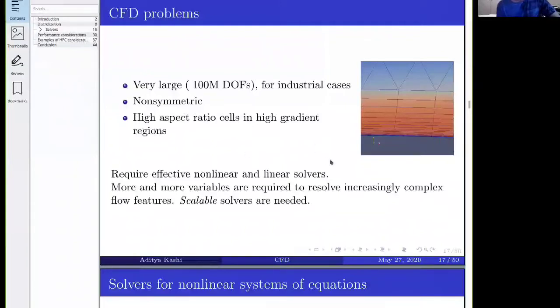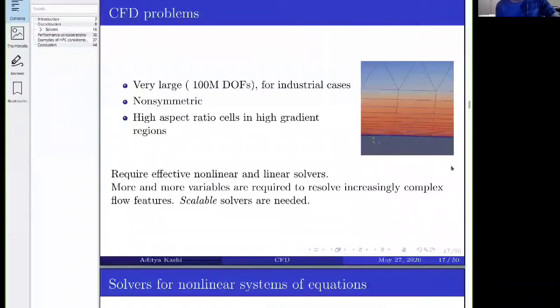That does happen sometimes. One simple example is these very high aspect ratio cells in what are called the boundary layers. For high-speed flows, the viscous effects are limited to a thin portion of the domain, which is the boundary layer, close to the wall of some solid.